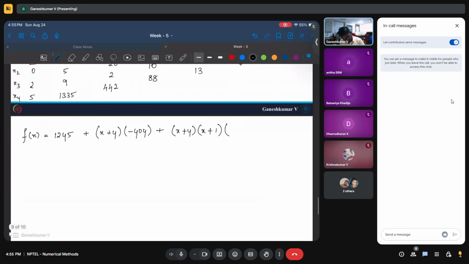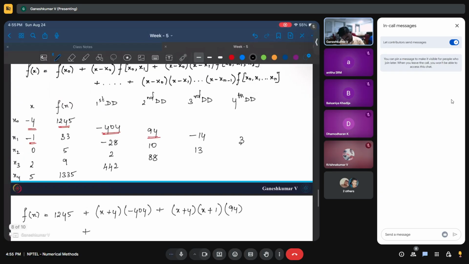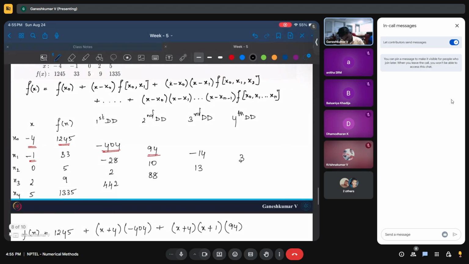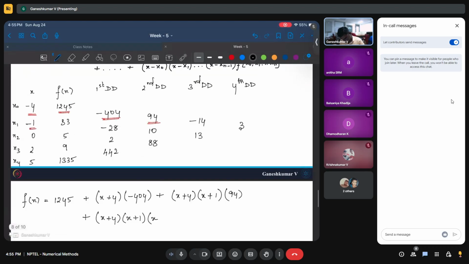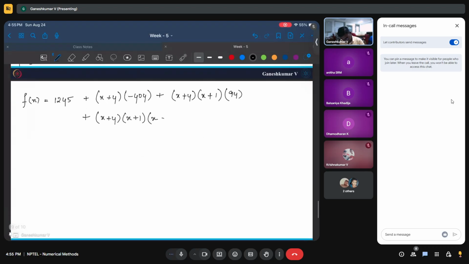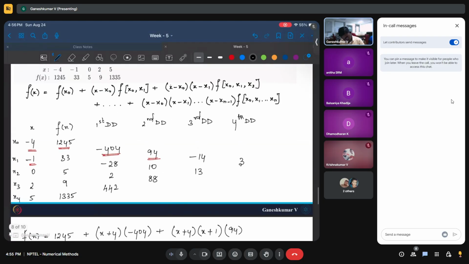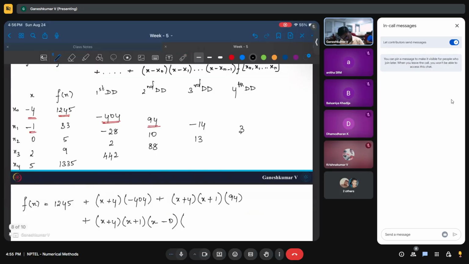So this is going to be 94 plus x plus 4, x plus 1, x minus x2, which is 0. So x minus 0, and then the third difference is going to be this one, minus 40.